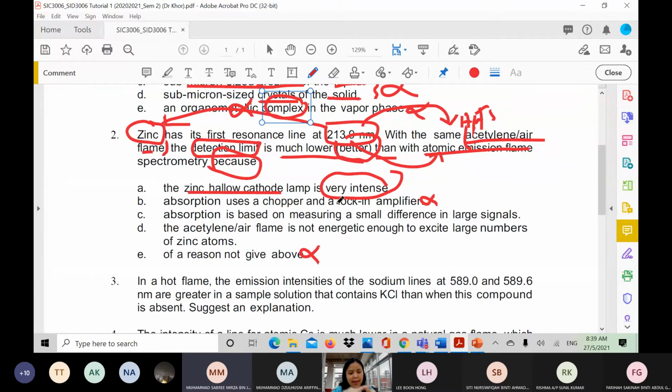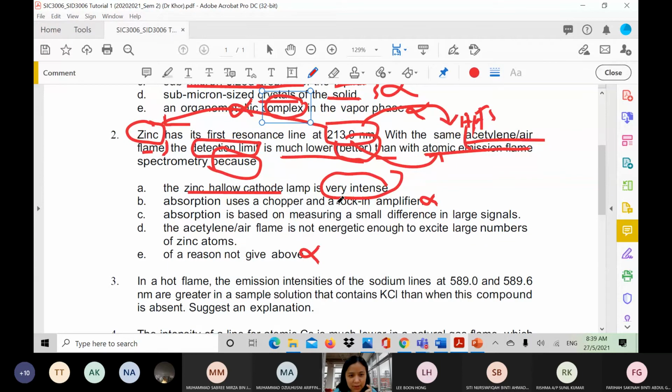We learned AAS, AES, and AFS, right? Now we're not focusing on AAS only. We are comparing between AAS and AES. And another thing is the answer A is not so correct. For the first student that answered this question, this is not the correct answer to question number 2.